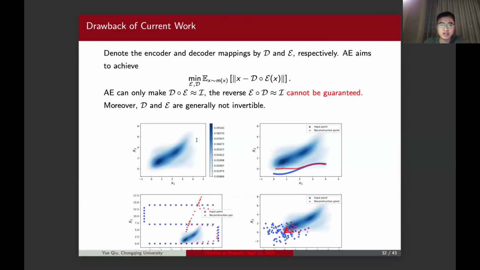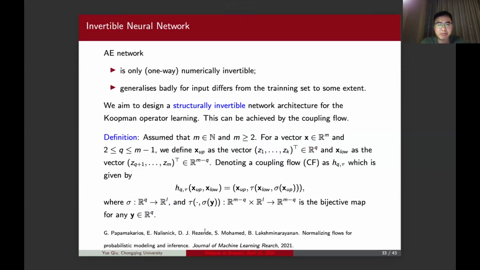So we did some tests where we trained an autoencoder for this setting, and when the tested data are far from the distribution of the training data, the predictions may have chaotic behavior, or the prediction accuracy is very low. When we checked in detail, the issue causing such a phenomenon is that this autoencoder is only one-way numerically invertible. It is not invertible in both directions.